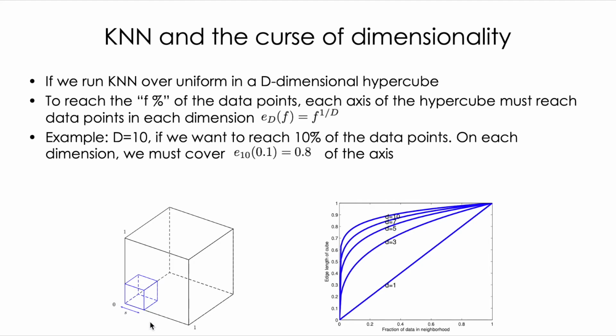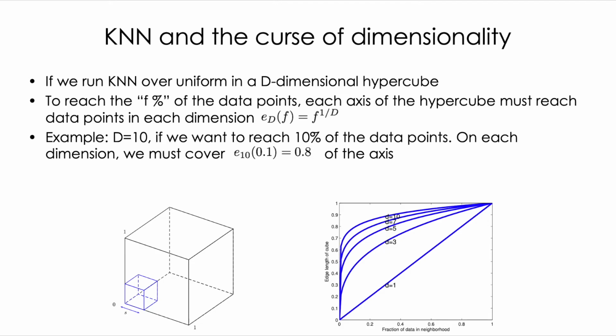But as soon as we start increasing the dimension, that situation changes. Actually, for 10 dimensions, in order to reach just 10% of the uniform data points within the 10-dimensional cube, on each of the dimensions, we have to cover 80% of the axis.